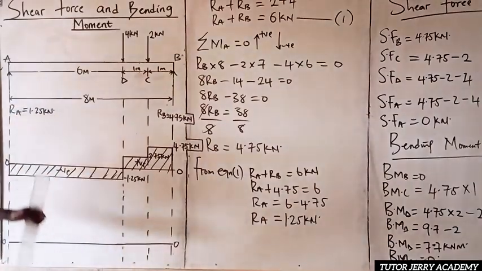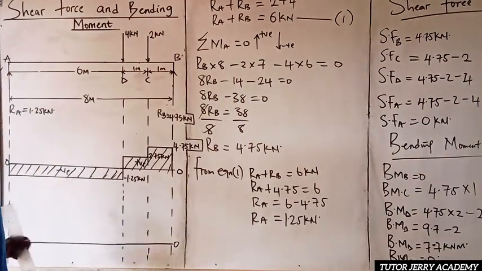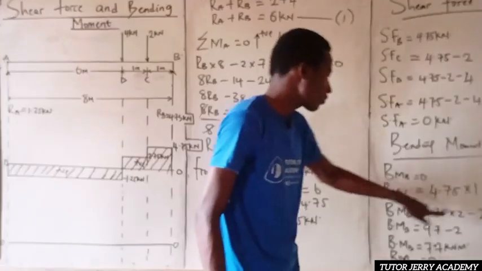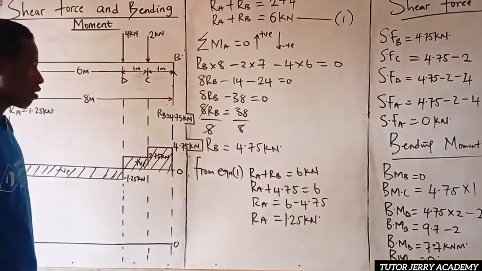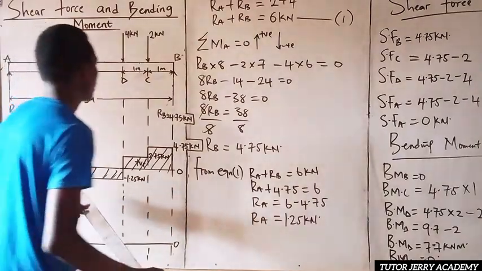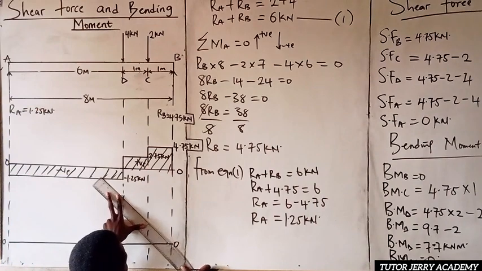Now for our bending moment diagram, we know that bending moment at point B is 0, bending moment at A too is 0. So our bending moment at C is 4.75. So we are going to be tracing 4.75 upward, even up to C. So from this point B, we are going to be going 4.75.